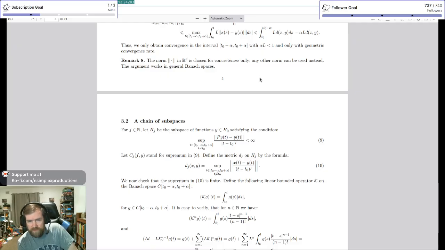So we don't have to worry about what kind of space you have, as long as you have proven that it is a Banach space.